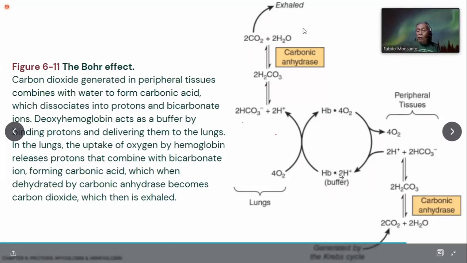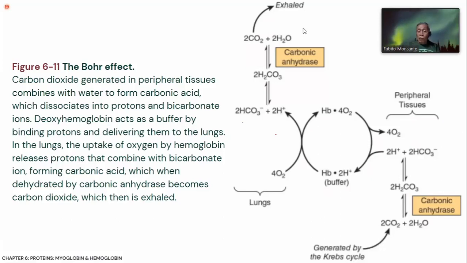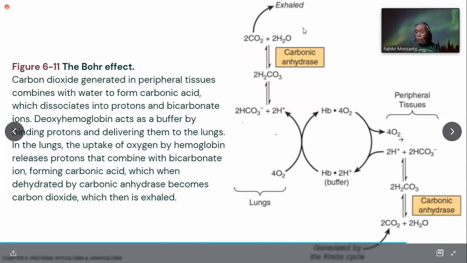And the hydrogen carried by the hemoglobin is now thrown into the plasma, and the bicarbonates formed here, which are also carried by the plasma, now form again carbonic acid, and then carbonic anhydrase in the lungs converts the carbonic acid into water and carbon dioxide, which you exhale.